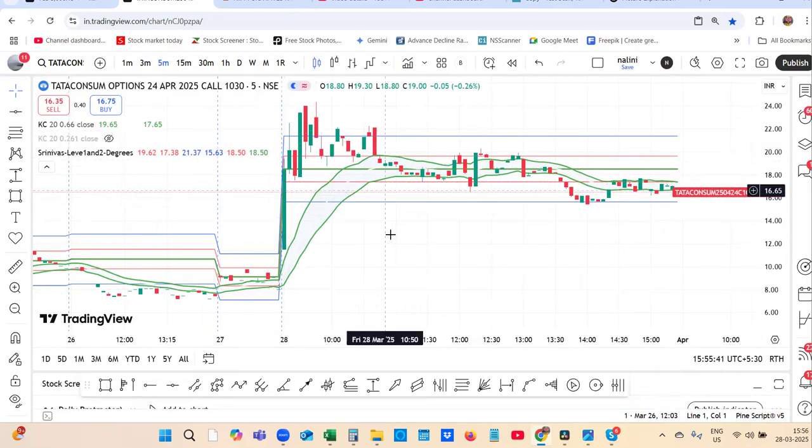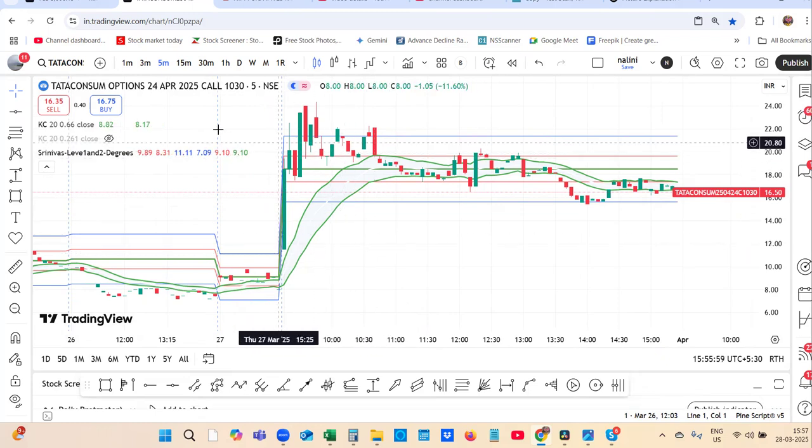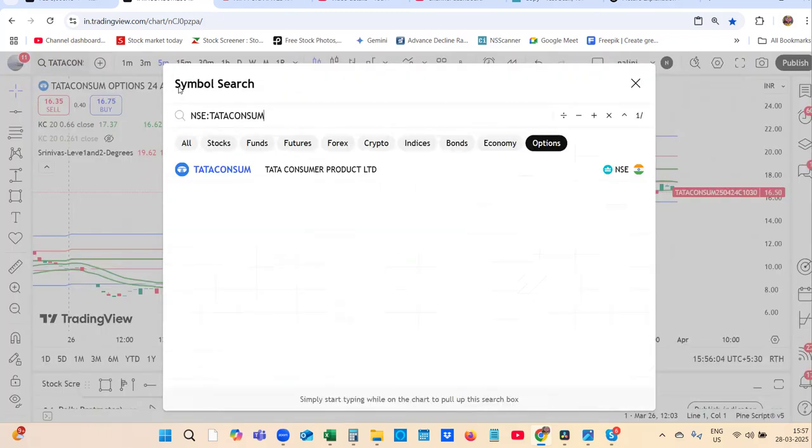I don't trade in this type of stocks. I will prefer only stocks with liquidity like Maruti, Bajaj Finance, and you can go for State Bank of India. So if you get it in the screener, applying the Keltner channel, for example, I had taken TCS previously.